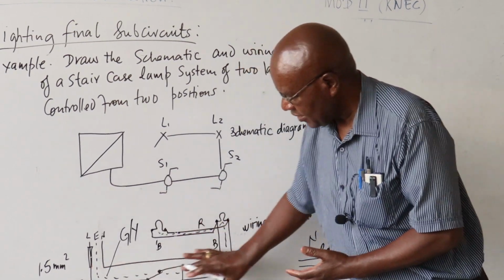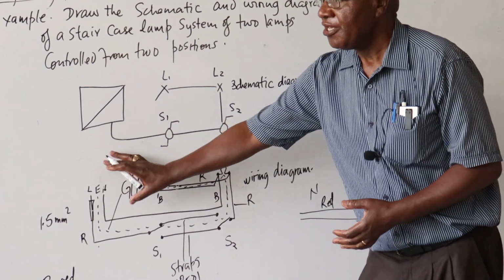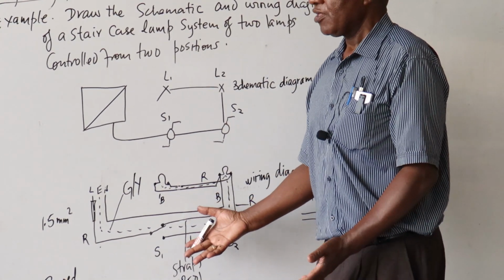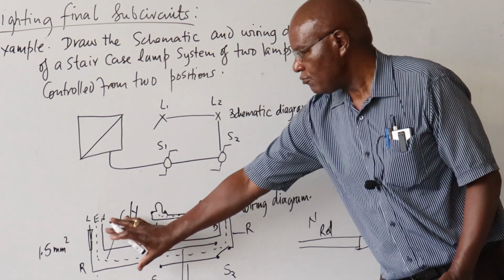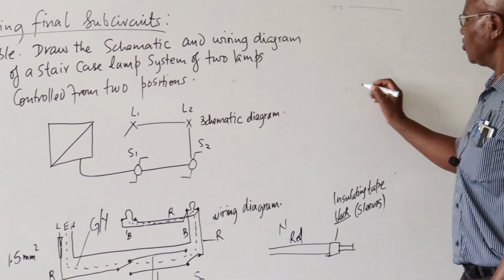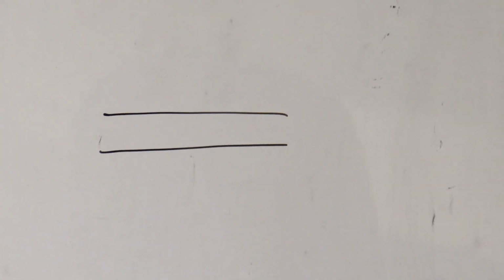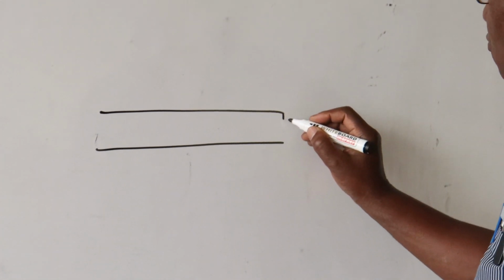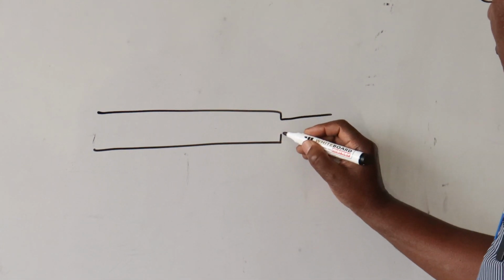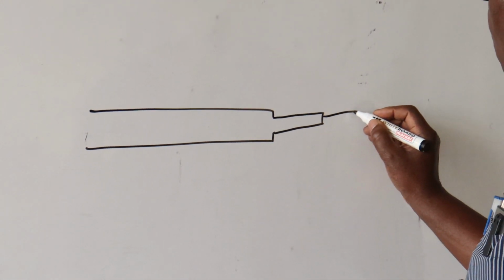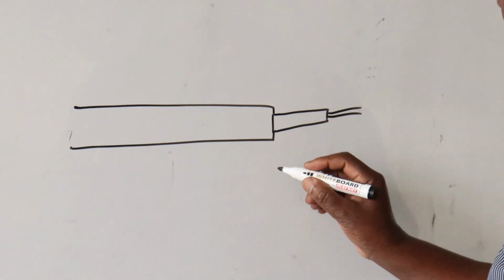Now this will apply if we are installing in conduits. If you are doing surface wiring, the cable will be sheathed. So in case you have a sheath, then you have to expose the insulation before you get to the conductor.